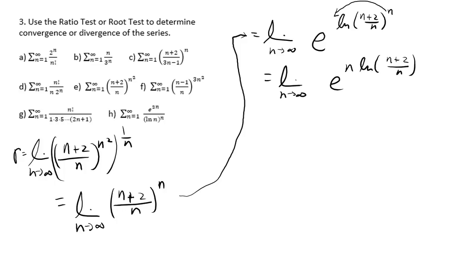One way you make this into a fraction is you rewrite multiplication by n as division by 1 over n. You can always do that, right? Multiplication is the same as division by the reciprocal. So you rewrite the multiplication as division, and then once you have a division, you can use L'Hopital's rule, because L'Hopital's rule always requires fractions.